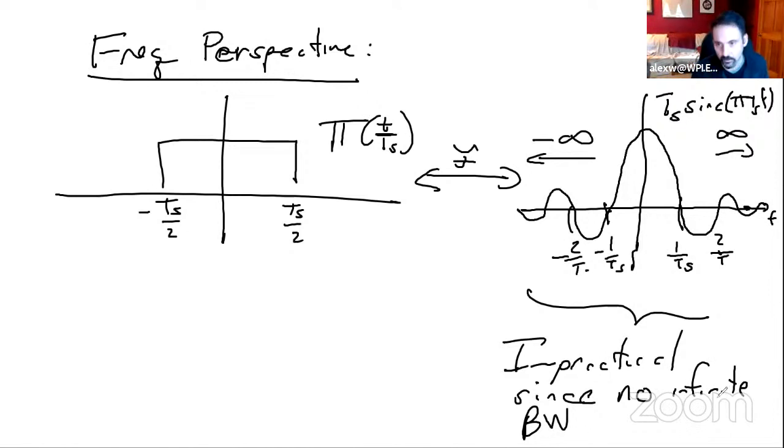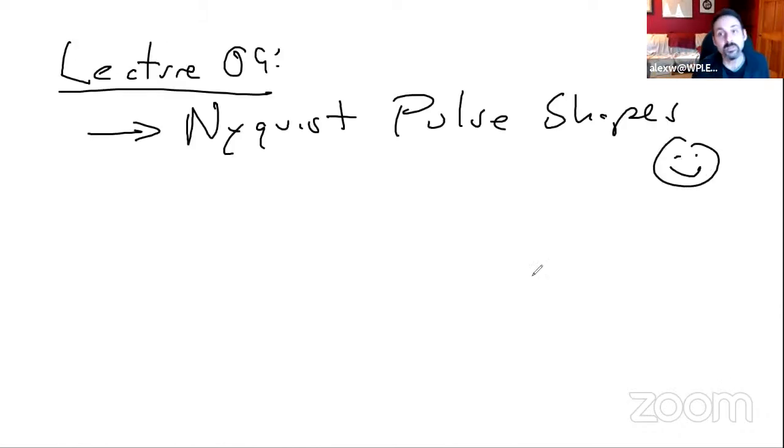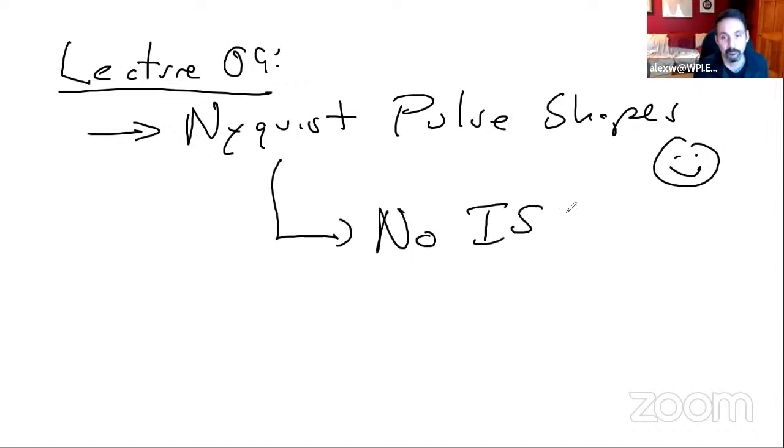So this lecture, lecture 9, what we're going to be coming up with: what Nyquist pulse shapes do is they try to achieve zero ISI. If you use Nyquist pulse shapes, you're going to be golden in terms of avoiding any sort of intersymbol interference.